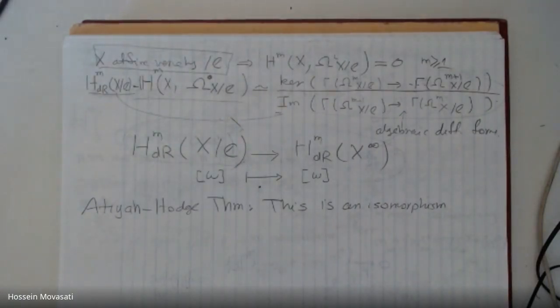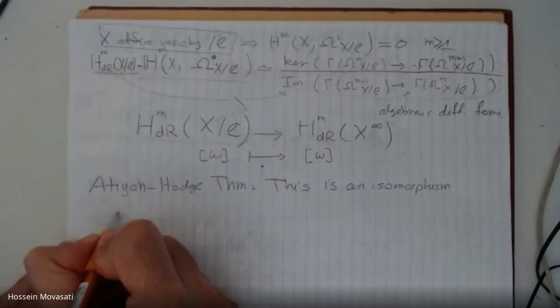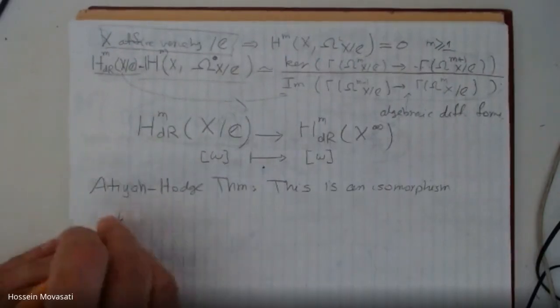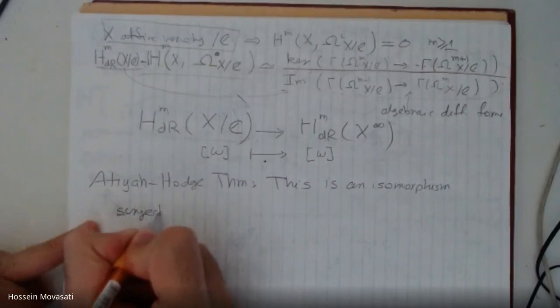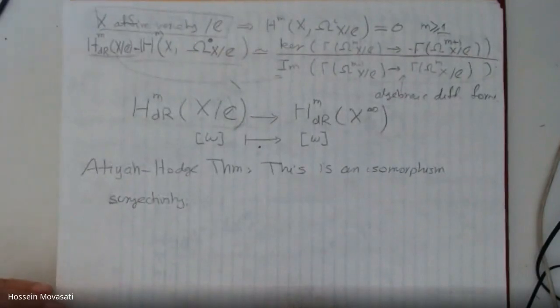Let's analyze a little bit the content of this theorem in the case of affine varieties. Let's just take, for example, surjectivity, to understand that there is some non-trivial statement going on. What does surjectivity mean? I will take a C-infinity closed m-form omega on X, so d omega equals 0.